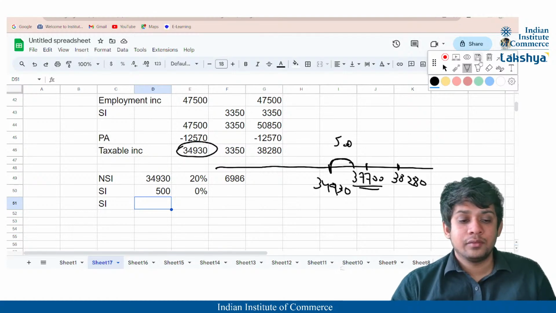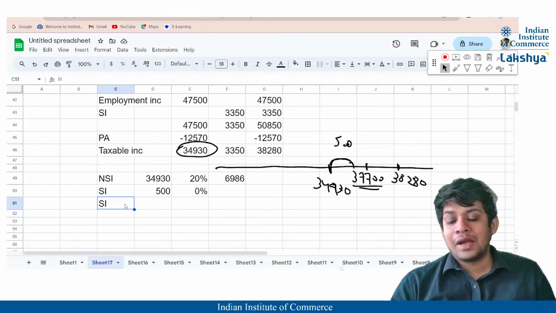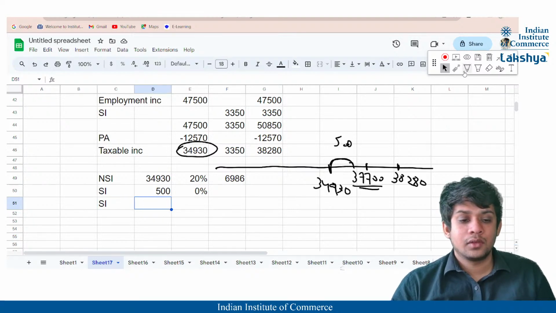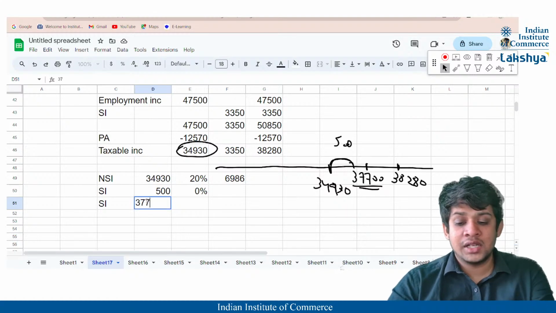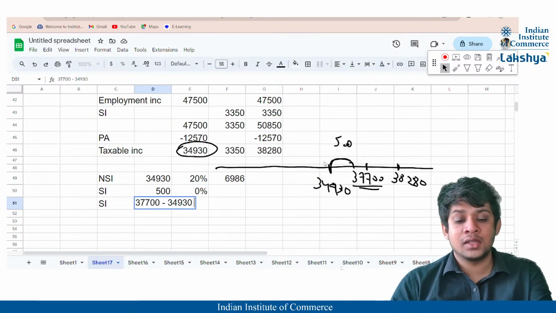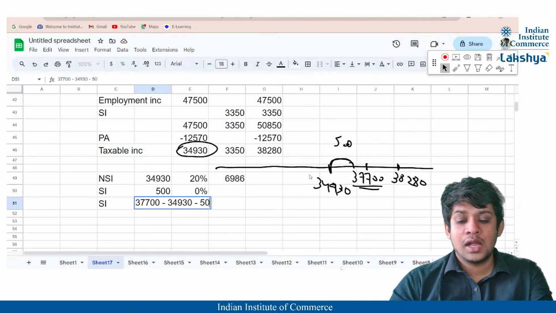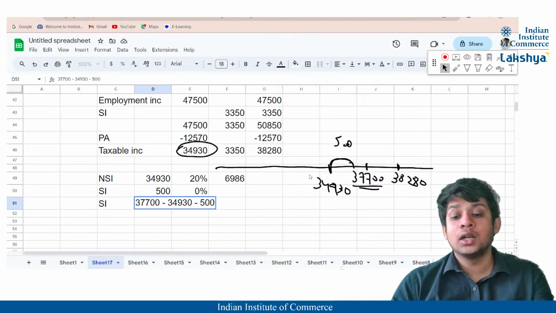So that means, my savings income is how much? Technically my band is 37,700. From that, 34,930 has been occupied by the non-savings income that I told you. 500 more has been occupied by the nil rate band of the savings income.